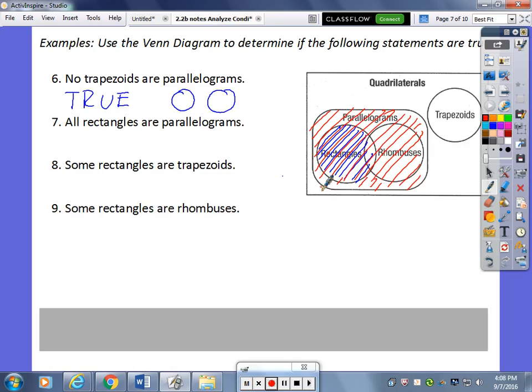All of the rectangles are inside of the parallelograms, and therefore this statement is also true. A Venn diagram that represents something where all elements of one set are elements of the other set usually looks like a larger circle or rounded shape here with a smaller one fully inside of it.